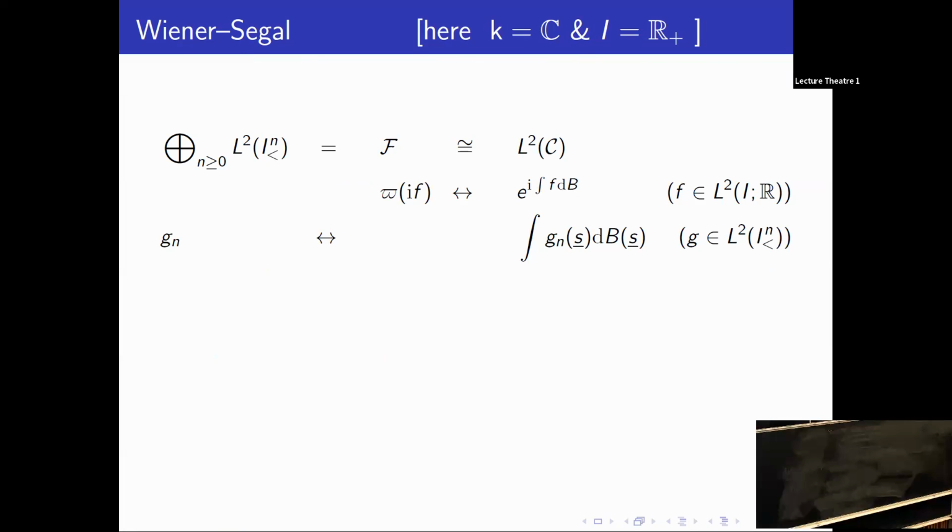So, two ways of thinking about how Fock space and Wiener space are related. We're going to start with the first, these multiple Wiener integrals here.